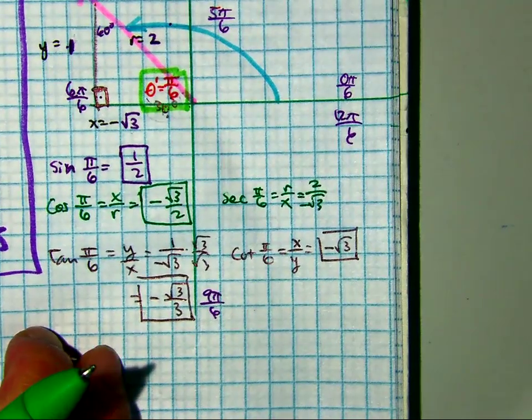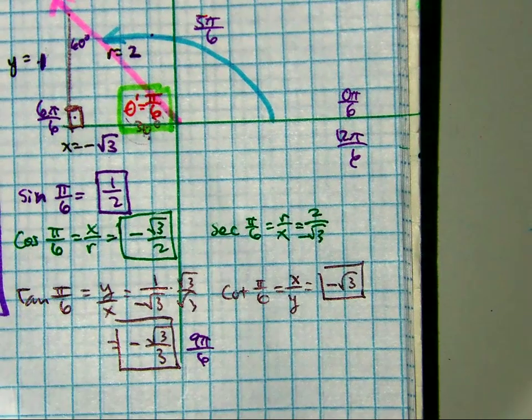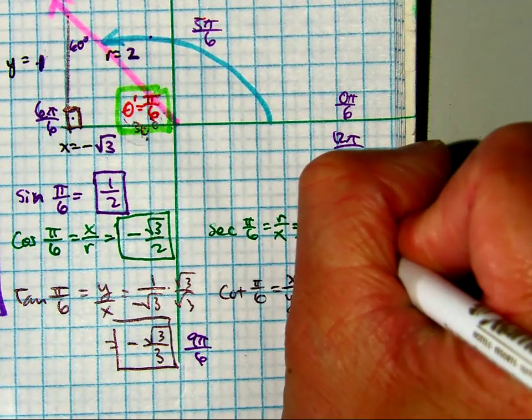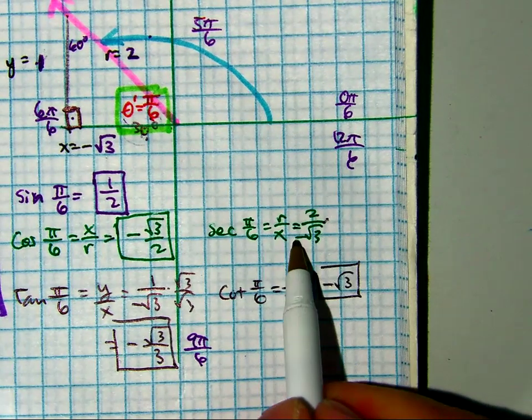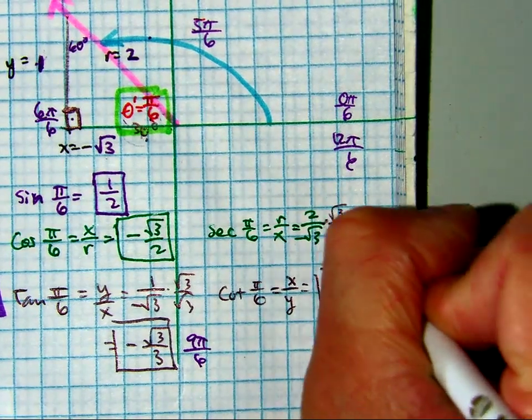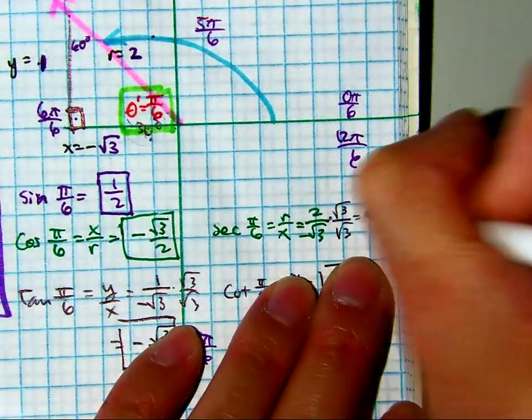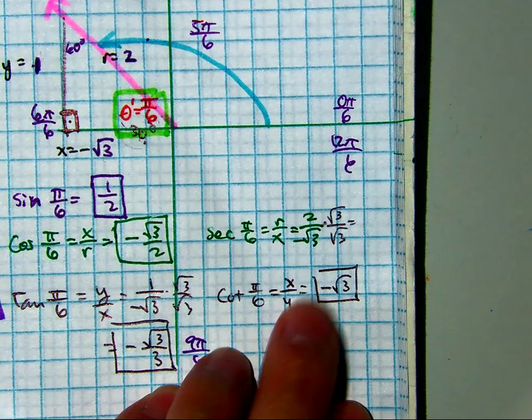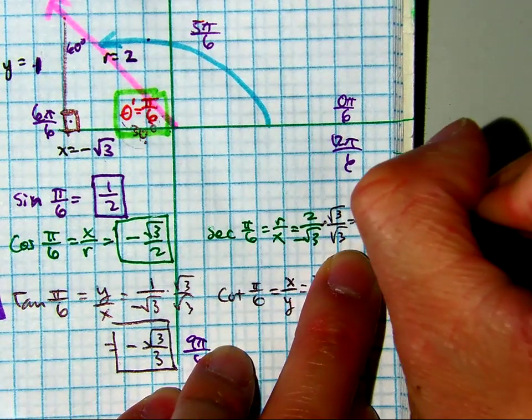You're going to rationalize. Here you don't have to multiply by the negative. So it's just radical 3 over 3. That is going to be negative 2 radical 3 over 3.